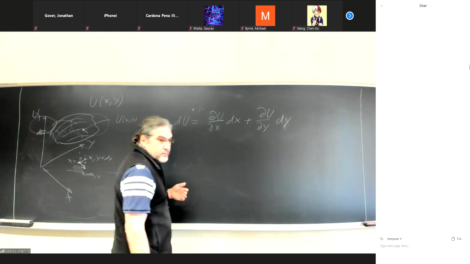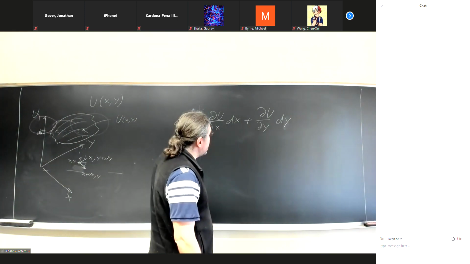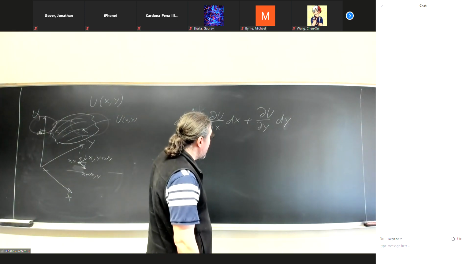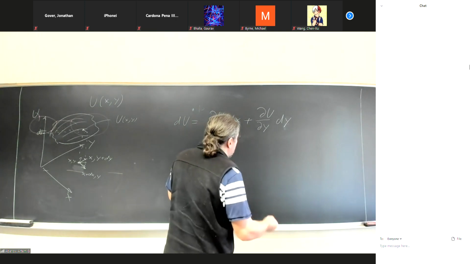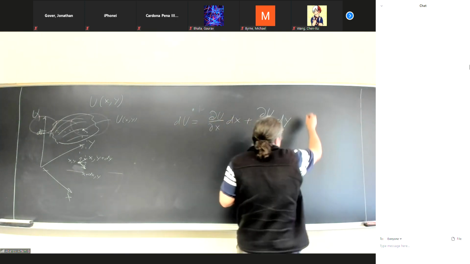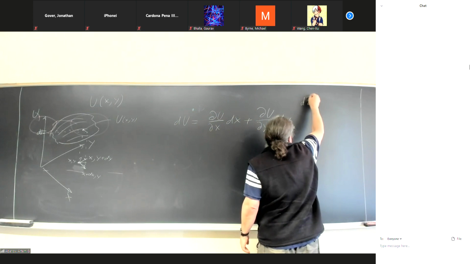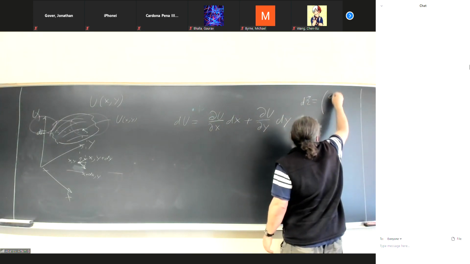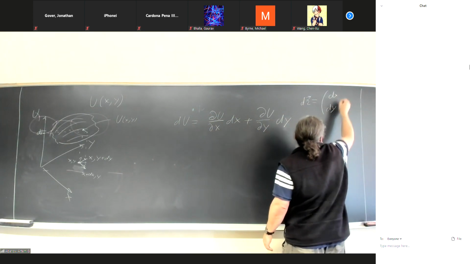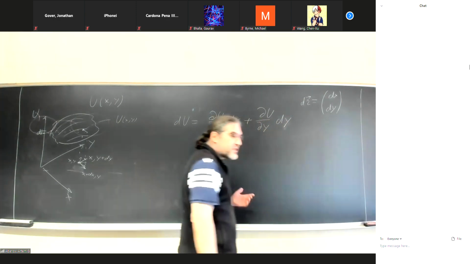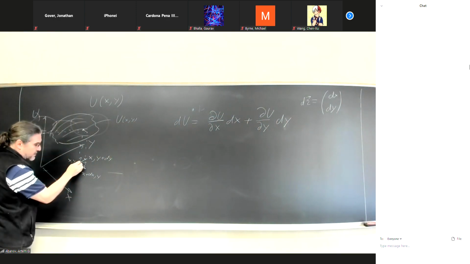So there are different ways to write it, and basically you can write it the following way. Let me introduce the displacement vector, which has dx and dy components. This is exactly the vector of displacement here.